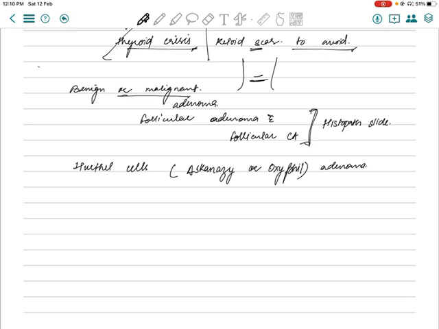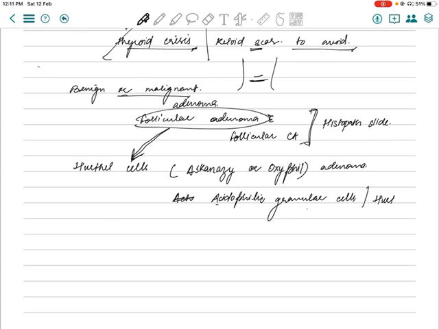So we have follicular adenoma, and it has a variant with acidophilic granular cells, which are popularly known as Hurthle cells. It doesn't show follicle formation.